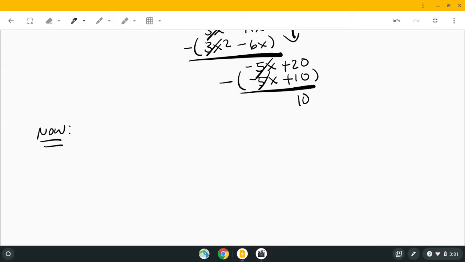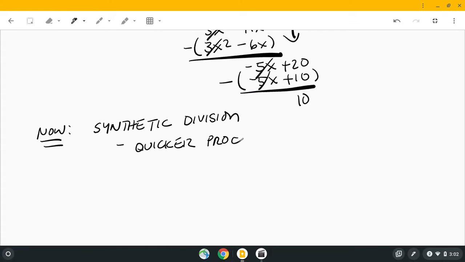we're doing synthetic division. And what happens is this is kind of a quicker process, I think, than this long division. But you only use it when you're dividing by certain polynomials.